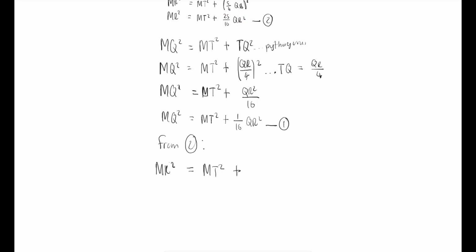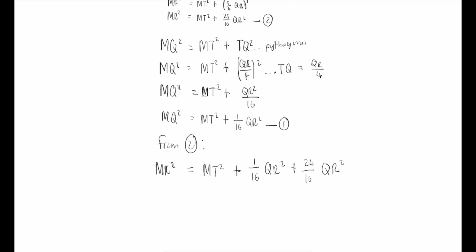I can split it into 1 over 16 QR squared plus 24 over 16 QR squared. Wow. Isn't that amazing? I'm kidding. But then, yeah. So now what you see is that here you have that MT squared plus 1 over 16 QR squared, which is equation 1.